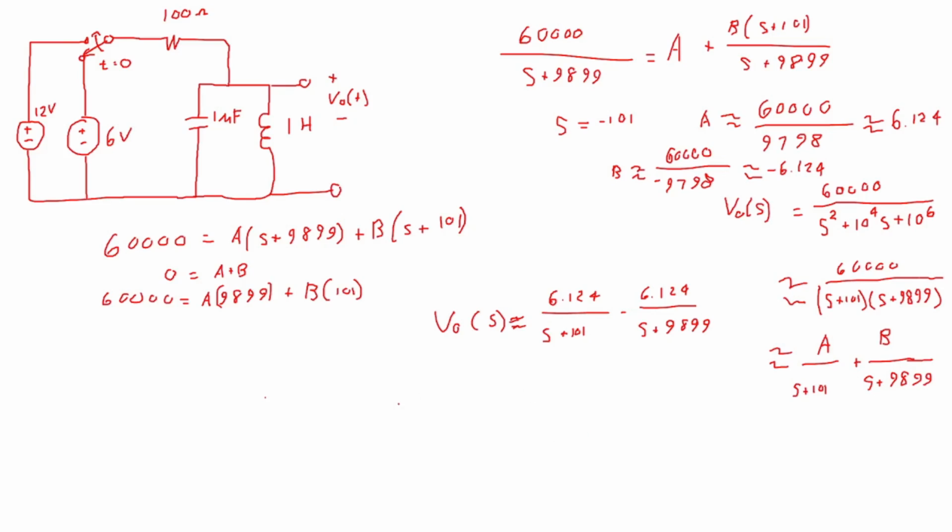Invert that Laplace transform, and that tells us that V out of t, and I have some commentary about what this implies about the circuit. We can actually make some physical sense of what's happening.